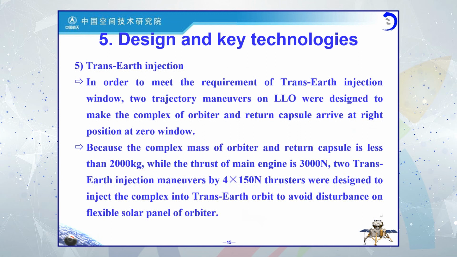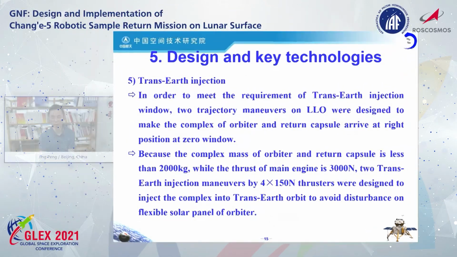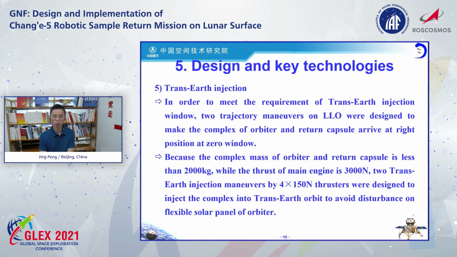Because the complex mass of orbiter and return capsule is less than 2,000 kilograms after separation with ascent vehicle, while the thrust of the main engine is about 3,000 newtons, two Transearth injection maneuvers by 150 newton thrusters were designed to inject the complex into Transearth orbit to avoid disturbance on the flexible solar panel of the orbiter.